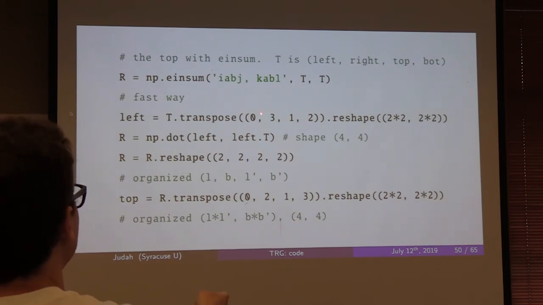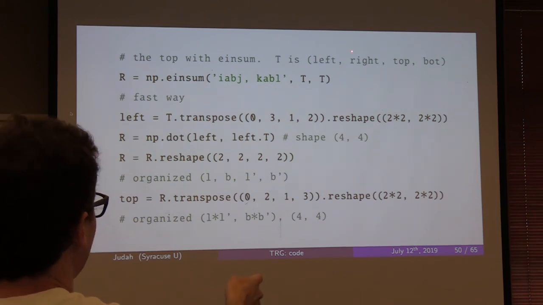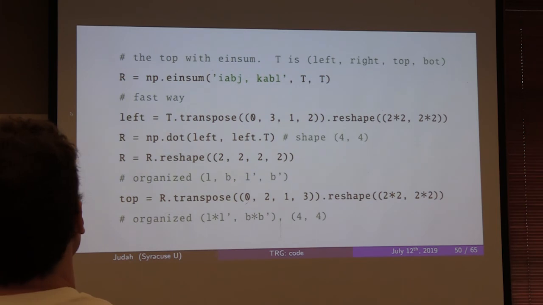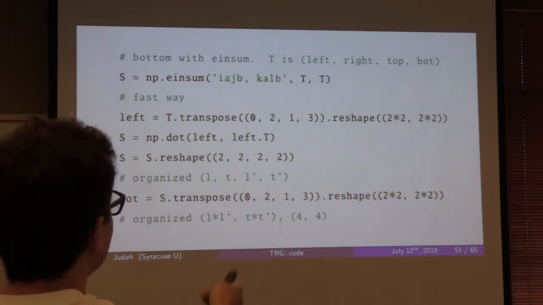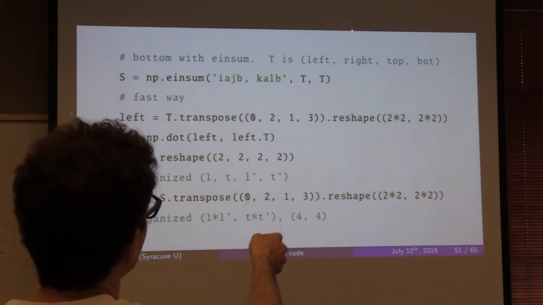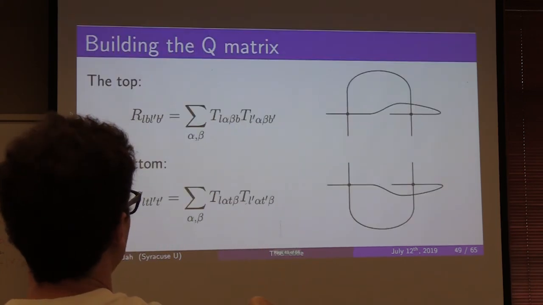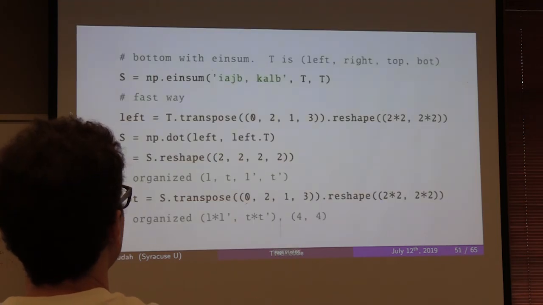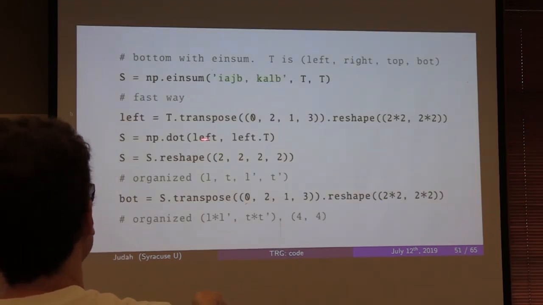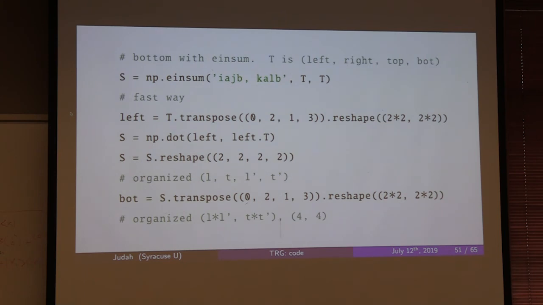So you can isolate the left and bottom index at the front, and the right and top indices at the back, reshape, matrix multiply, and then you can open it back up if you want. Similarly with the bottom, except you want the left and the top on the bottom. Left, top, left, top. But you reshape, isolate, dot. Solid?